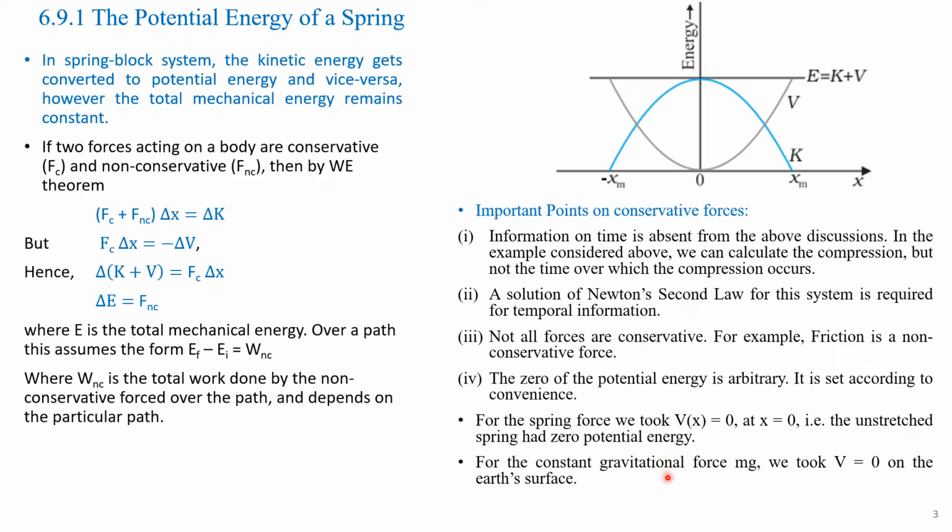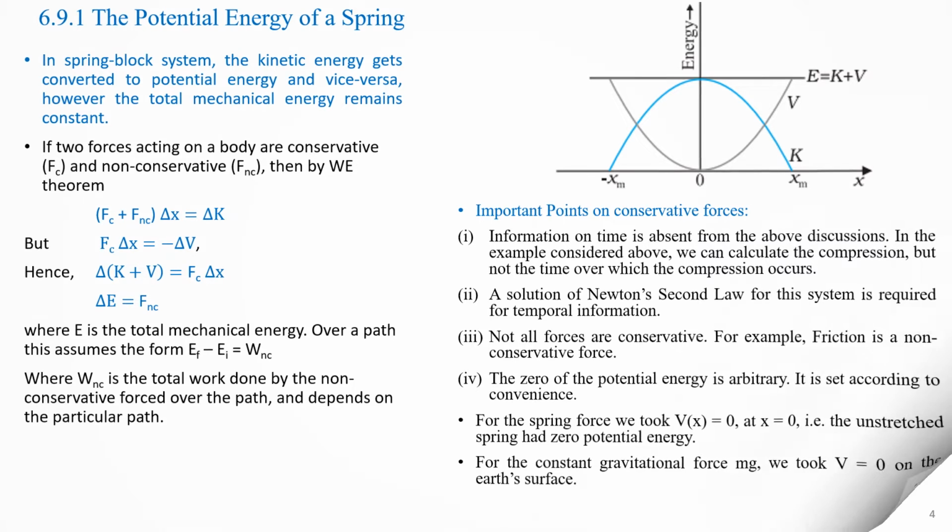For the constant gravitational force mg, we took V equal to 0 on the Earth surface. So for all practical purposes, for the constant gravitational force mg, V equals 0 on the surface of the Earth.